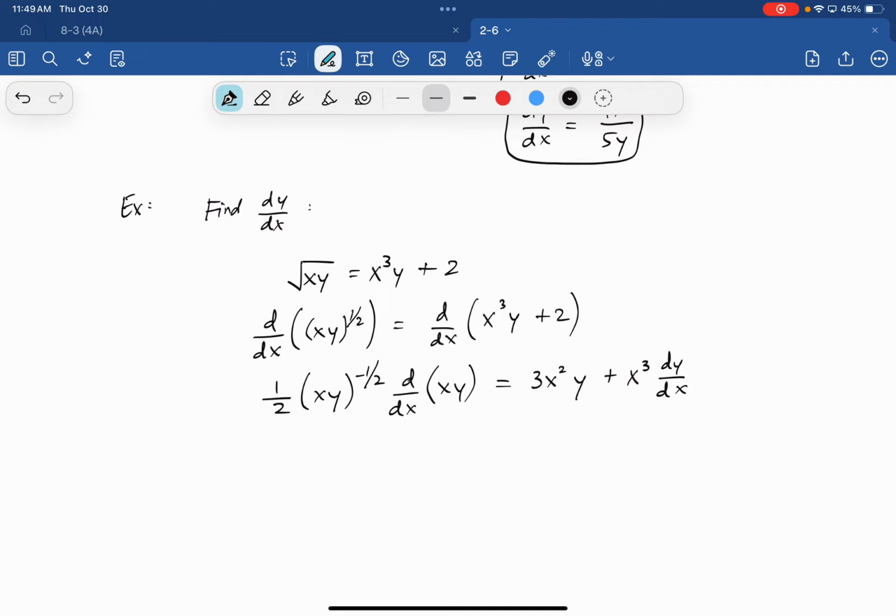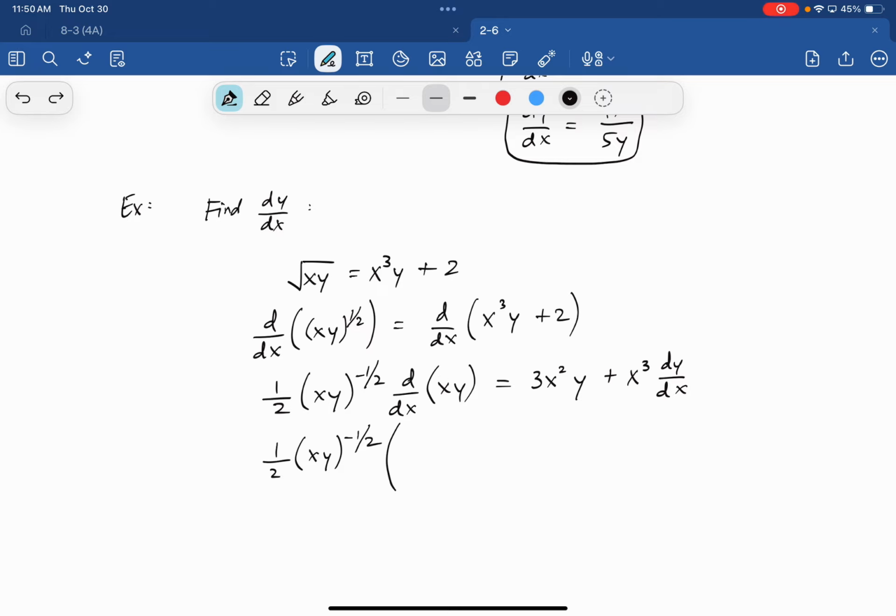I still have to keep simplifying this derivative of xy, right? But that's almost the same as what I just did. I use product rule. So I'm going to keep this 1/2 xy to the power of negative half there. And then I have to take the derivative of xy multiplied by that, so I'm going to have a big parentheses and then do product rule. Take the derivative of the left side, leave the right side alone.